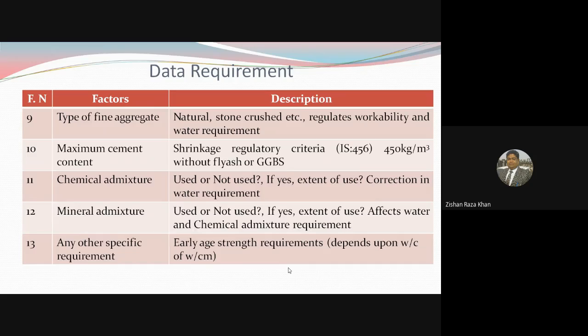Beyond that, because of the high cement content, a large shrinkage effect is visible, and due to large shrinkage, cracks appear in the concrete when it is set. So it is not advisable to go beyond the maximum cement content as per the criteria of IS 456.